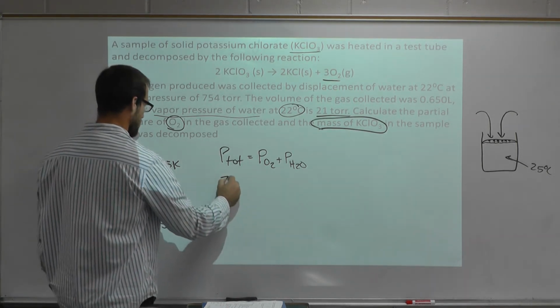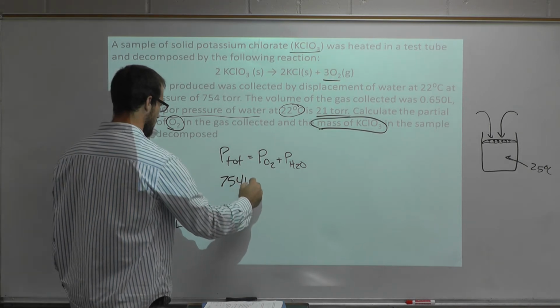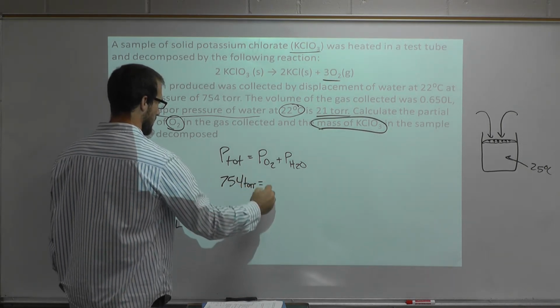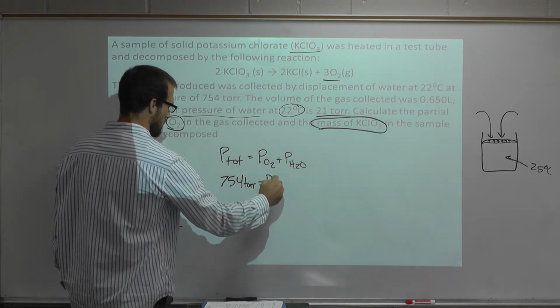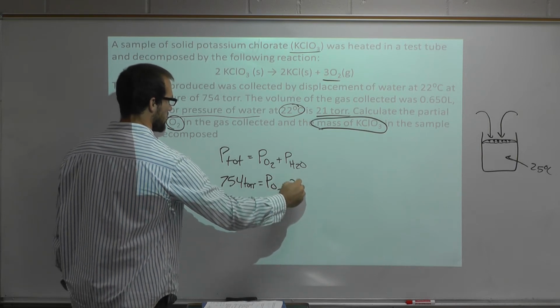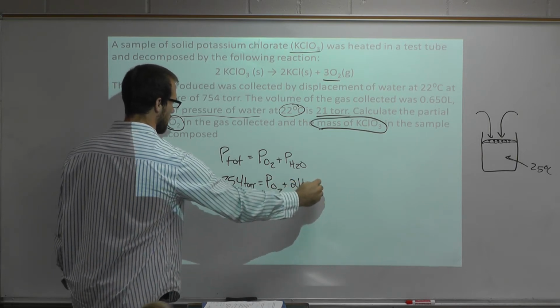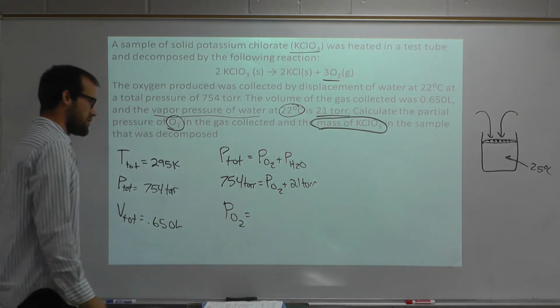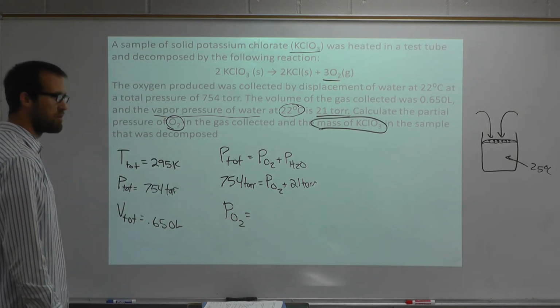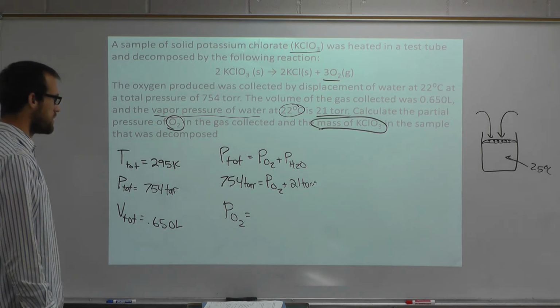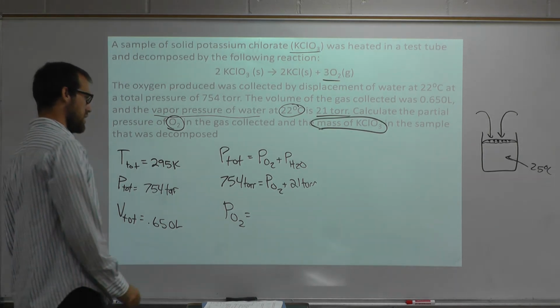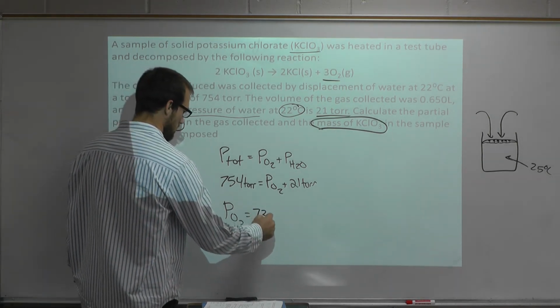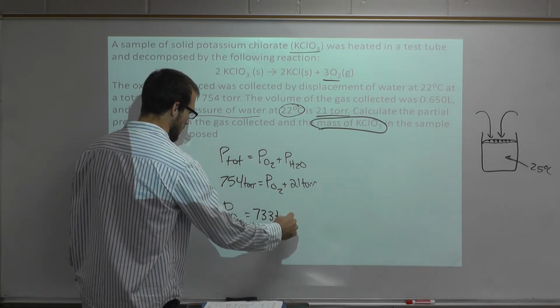We have total pressure of 754 torr equal to the oxygen pressure plus what, 21 torr? So our partial pressure of our oxygen gas there is going to be most of it. Subtract, get what, 733? Okay, that's pretty easy.